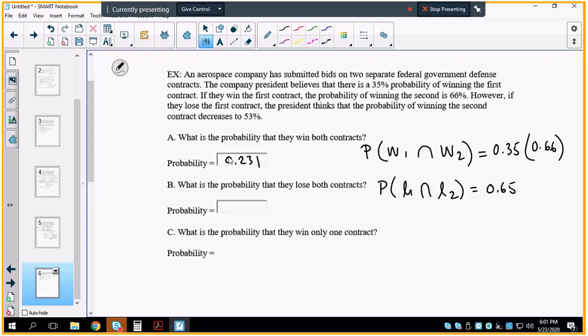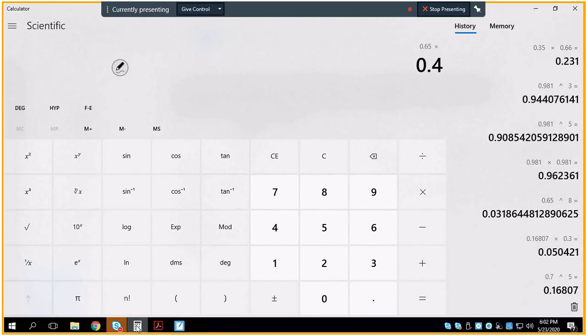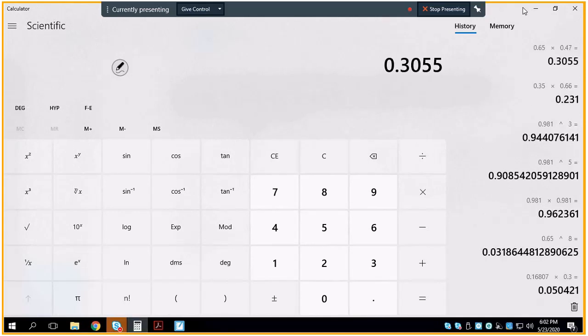Now remember, if they lose the first contract, winning the second one is 53%, which means losing the first one and losing the second one is 47%. So this time you're going to multiply 0.65 times 0.47. So this is 0.3055.